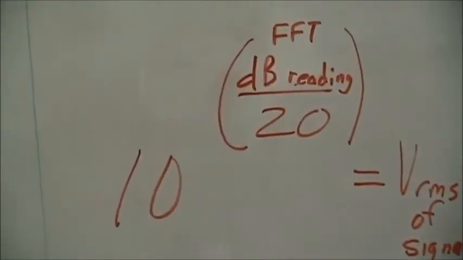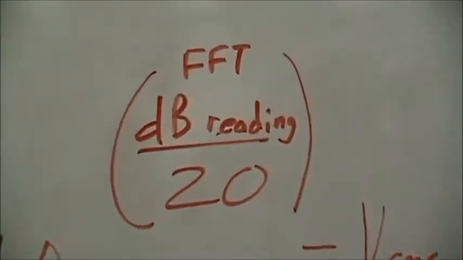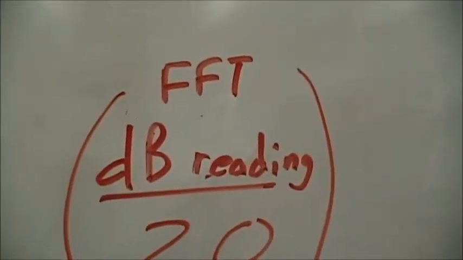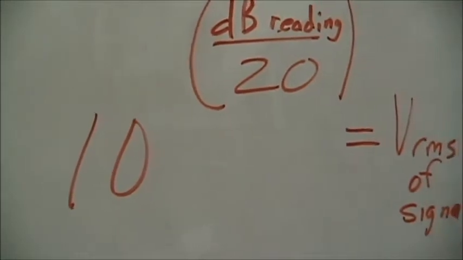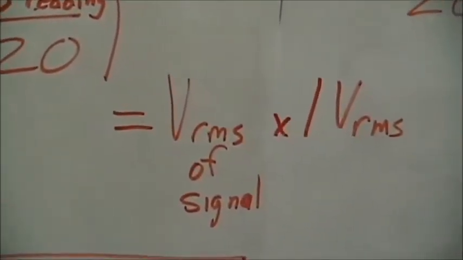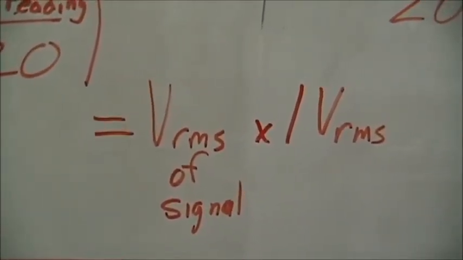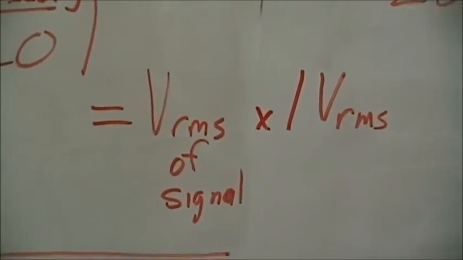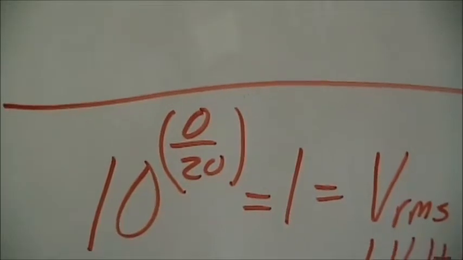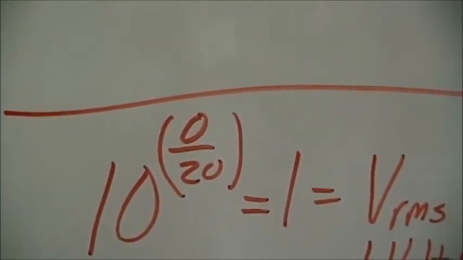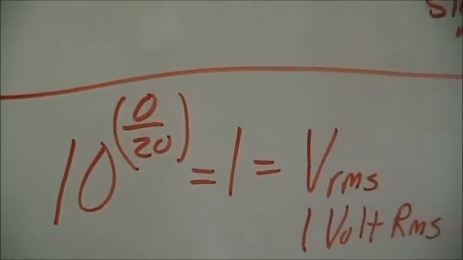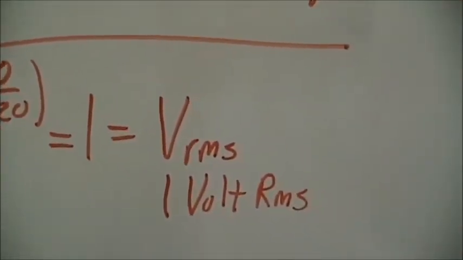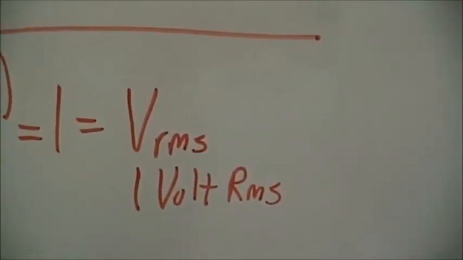If we would like to turn around the calculation, starting with the FFT dB reading, divide it by 20, raised to the power of 10, and that will equal the VRMS of our signal times 1 volt RMS. For example, we had 0 dB as our reading, divide by 20, still 0, 10 to the 0 is 1, equals the volts in RMS, which is 1 volt RMS.